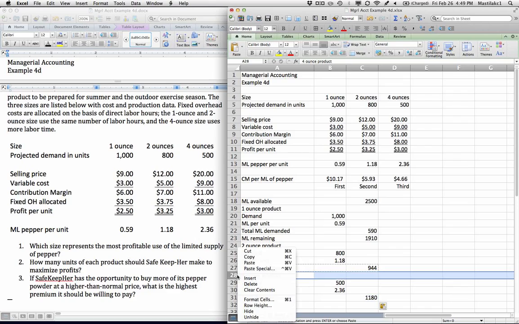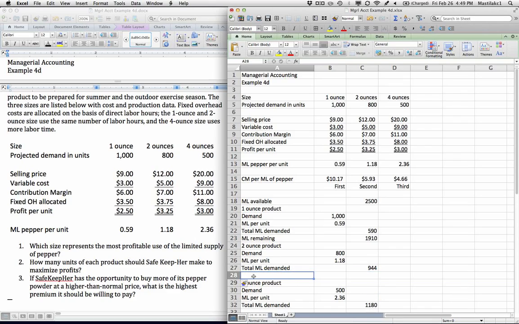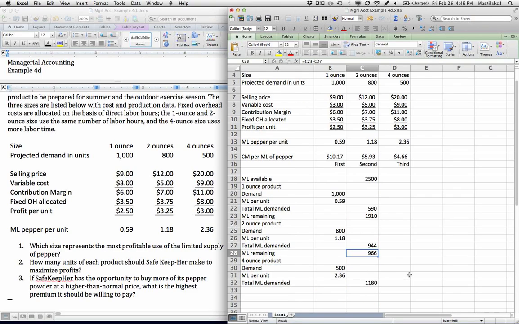oops, I forgot to add one row here. After we make all of the 2-ounce product, we'll only have 966 milliliters remaining. To make the entire 500 unit demand for the 4-ounce product, we don't have enough milliliters for that. So we can say the milliliters available for use is 966.